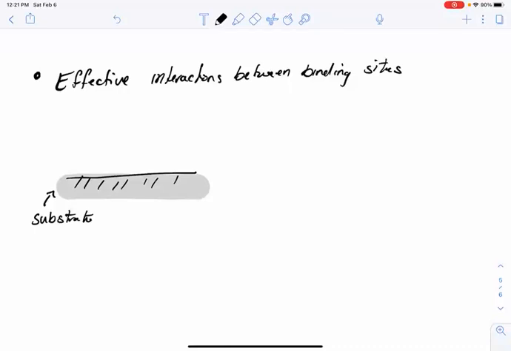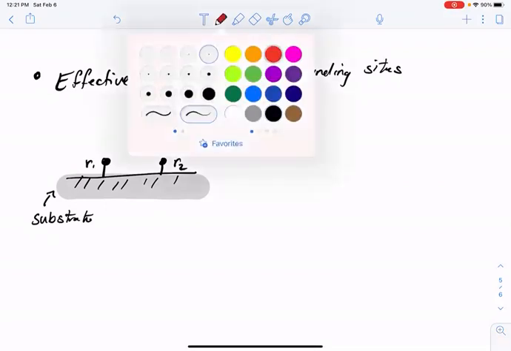And on that substrate are some mobile linkers at position R1 and R2 that can bind to our membrane.